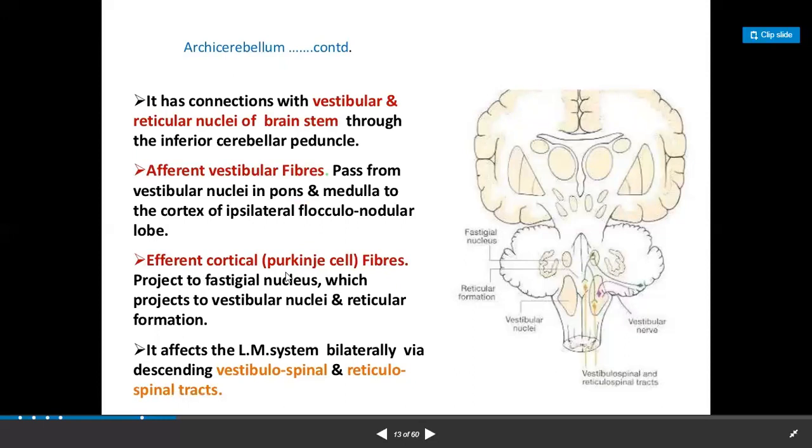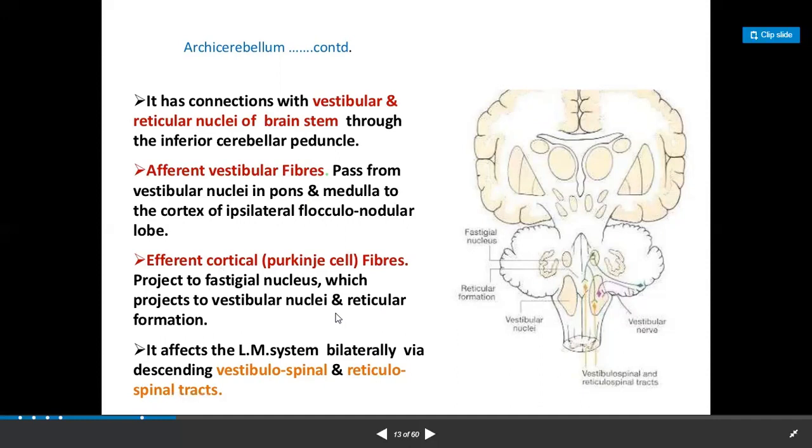Efferent cortical Purkinje fibers, efferent means they start from the cerebellum, project to distant areas like the internal ear, and we also have the fastigial nucleus, which projects to vestibular nuclei and the reticular formation.